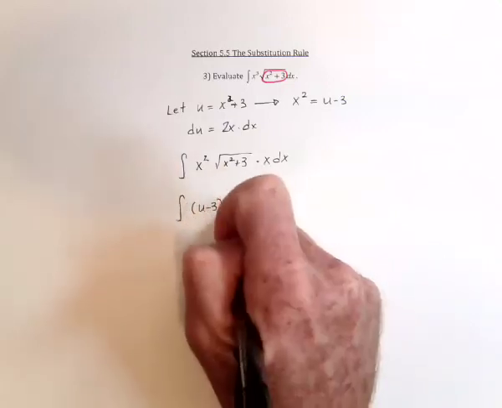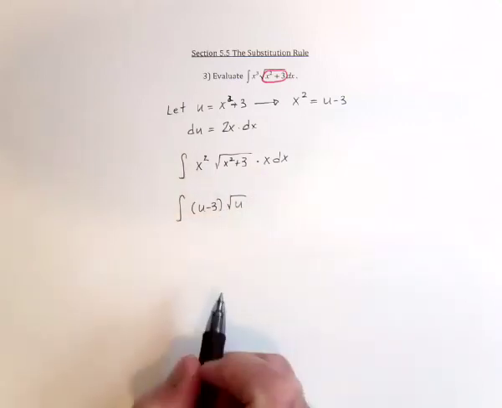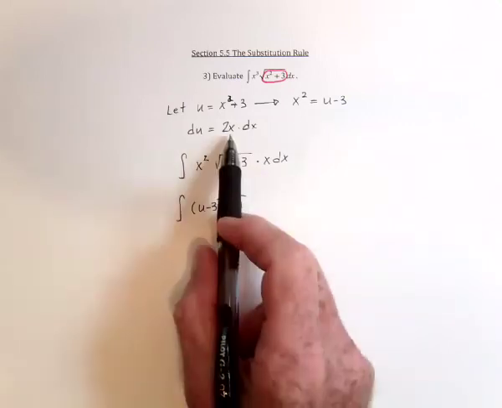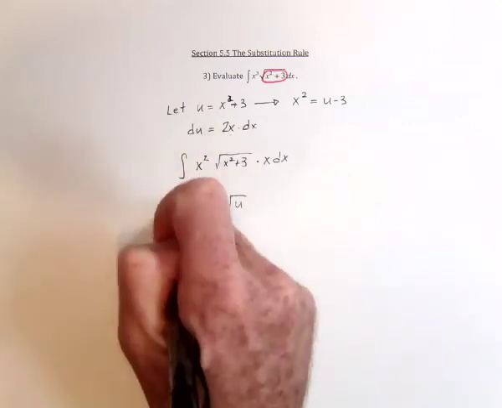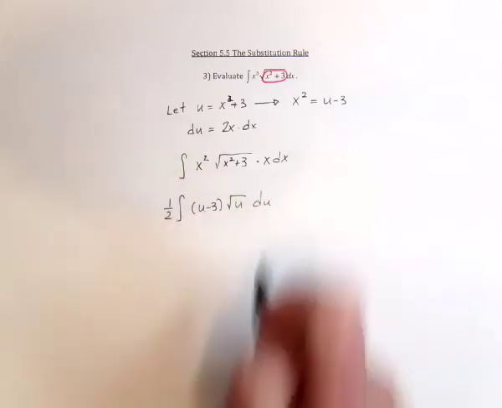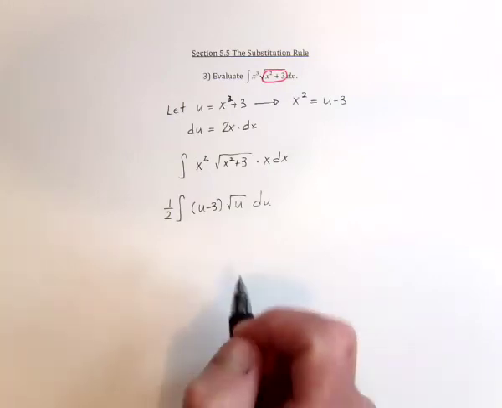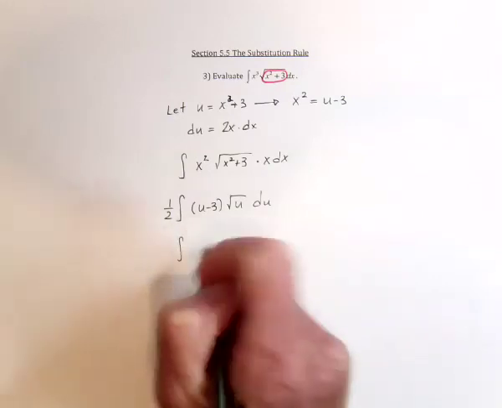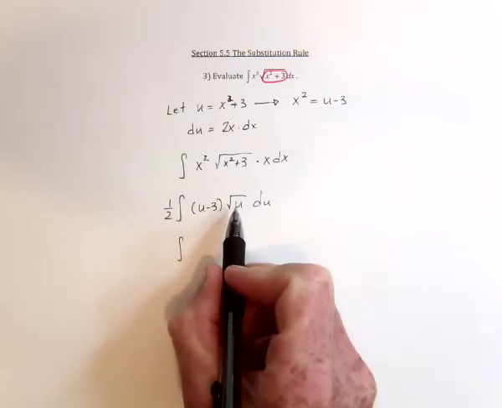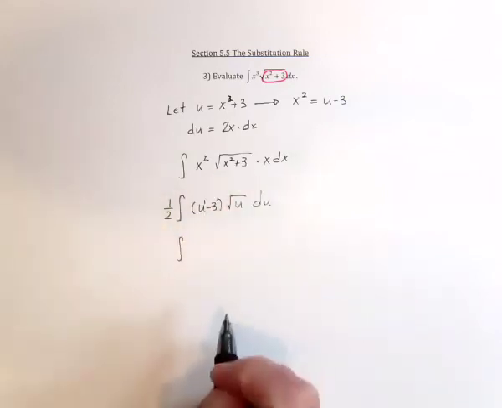This is going to become the square root of u, and x dx is going to become 1/2 du. Now here's an integral that we can do. We just need to do a little bit of algebra. This is really u to the 1/2, and this is u to the 1.